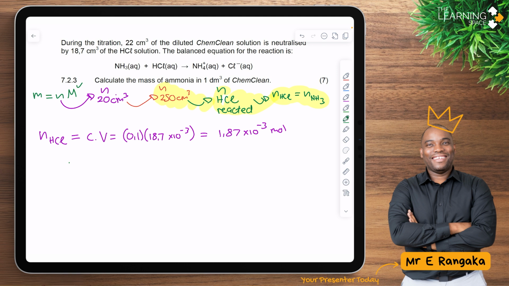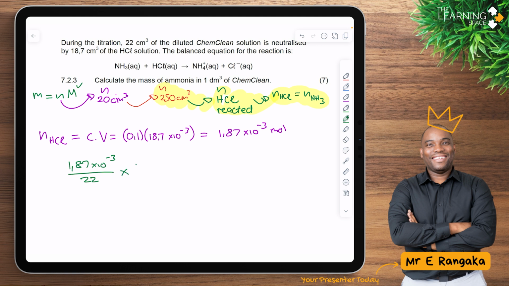So the first thing we have to do there is say, well, we know that we had 1.87 times 10 to the power of negative 3, right? But we have to divide that by 22 because that's how many we had in the 22 cubic centimeters. We want to figure out how many moles would have been in the 250 cubic centimeters.